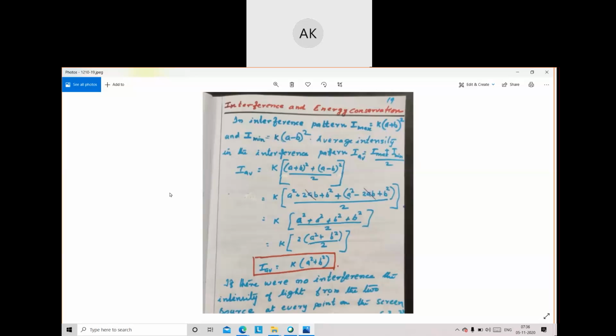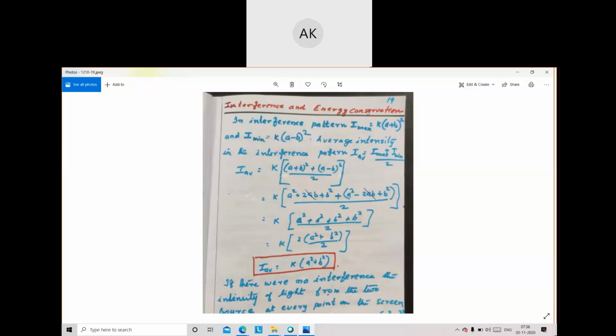So in the interference pattern, what have we seen? If you take the interference pattern on a screen, some parts appear bright, some parts appear dark. Redistribution of light energy takes place. What is the reason? Superposition of the waves from two coherent sources. So we have to show that it is also according to energy conservation.